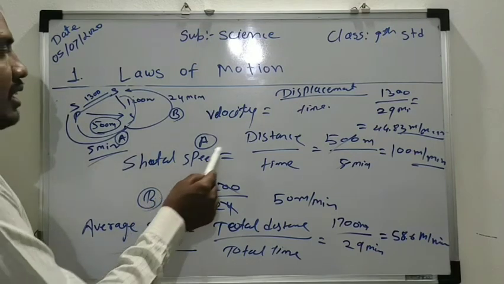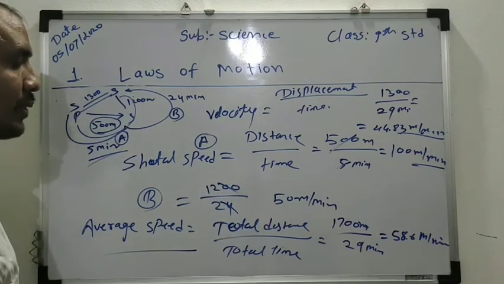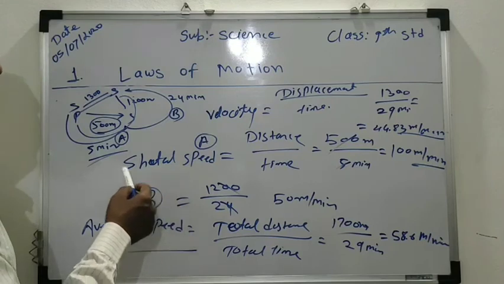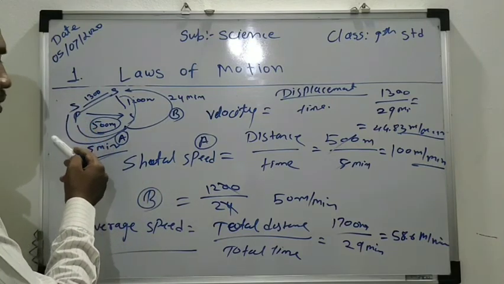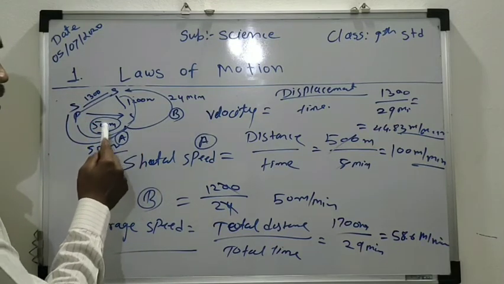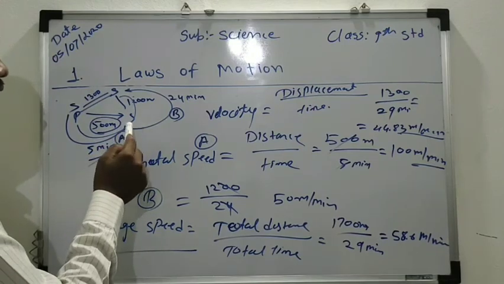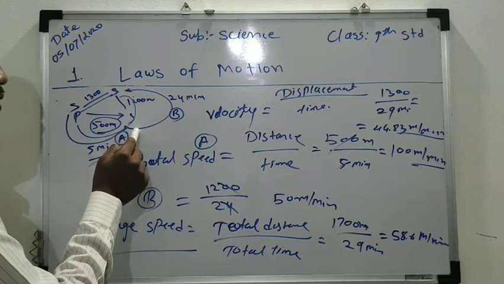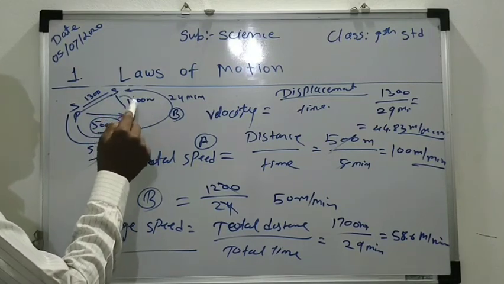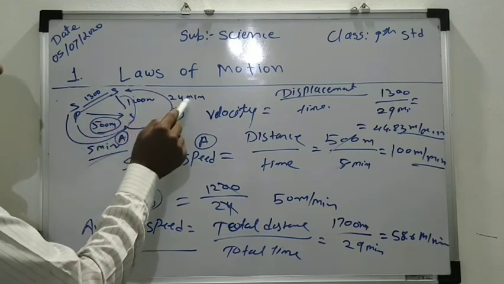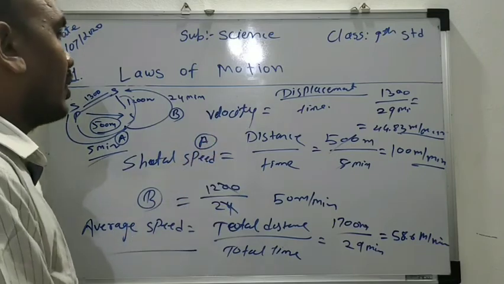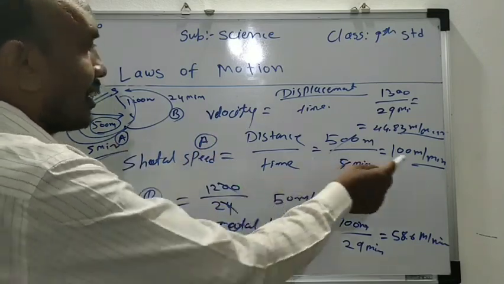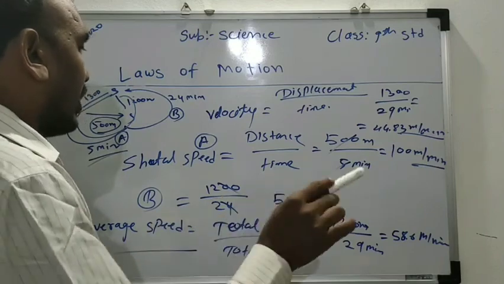Speed means nothing but the distance covered per unit time. So Sheetal walks from the house to Sangeeta's house, 500 meters in 5 minutes. After that, to the school is 1200 meters on path B in 24 minutes. So there are two speeds. The first is 100 meters per minute, very speedily.